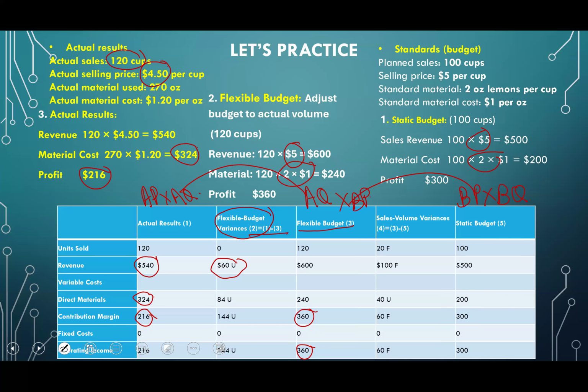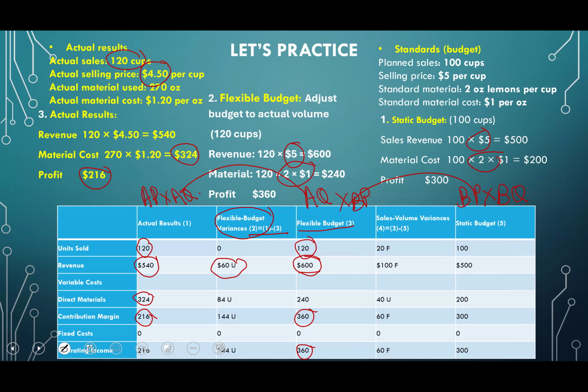Notice that my first number is 600 minus 540. It's 60, but why is it unfavorable? It is unfavorable because I was expecting a revenue of $600 in my flexible budget if I had sold 120 units as I actually sold.